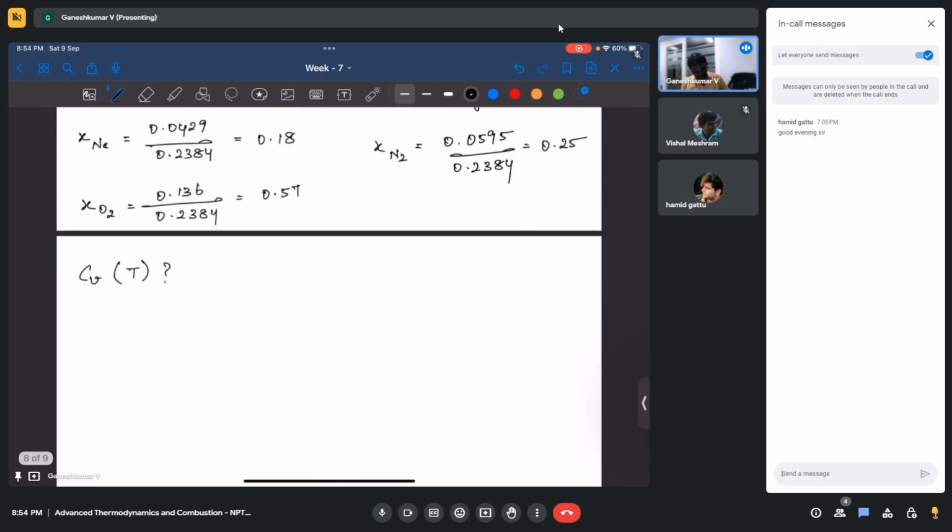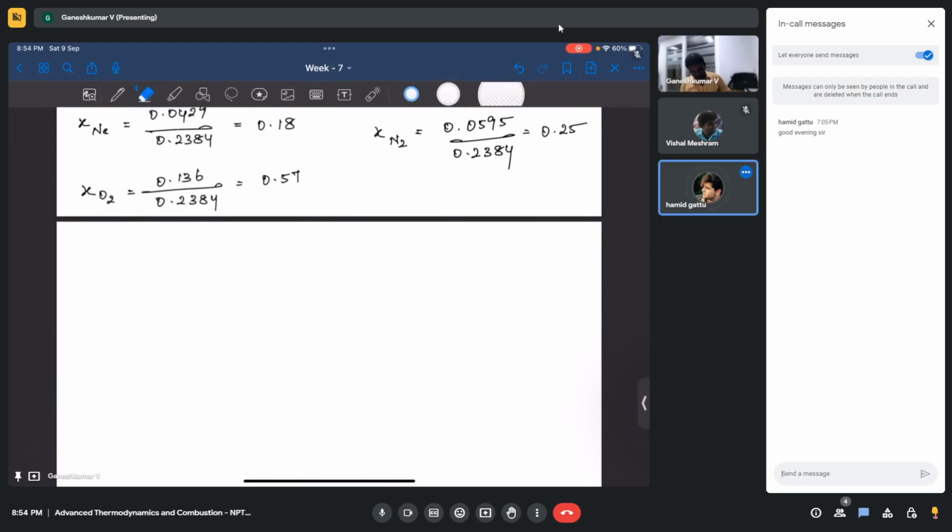So how do we find T2? Using the ideal gas equation, PV is equal to mRT. So T2 is equal to P2 and V2 divided by mass into R.